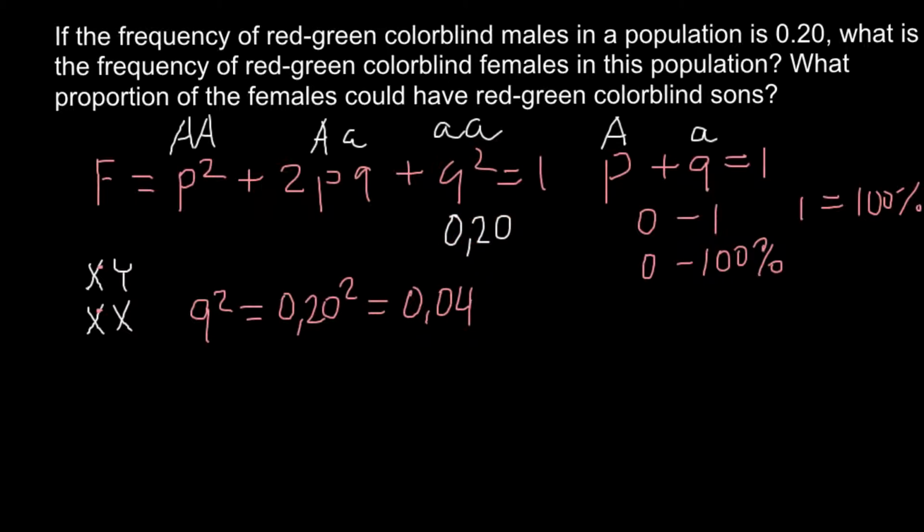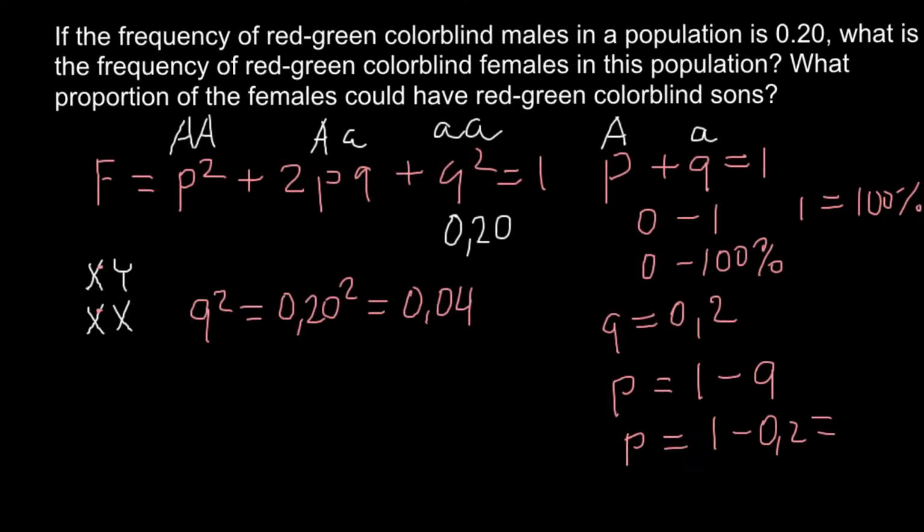So Q would equal 0.2, and using this formula we can find the frequency of the P allele, the dominant allele A. We just have to rearrange this formula, and P would equal 1 minus Q. So P would equal 1 minus 0.2, so P would equal 0.8.